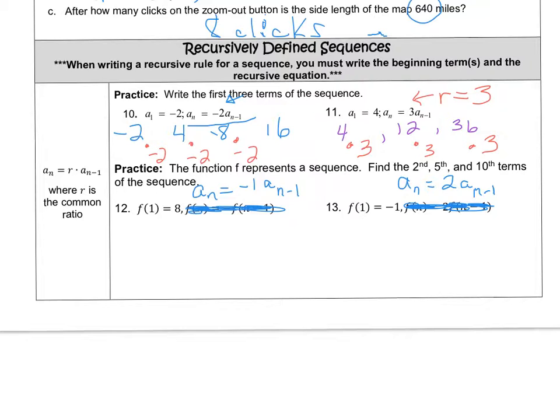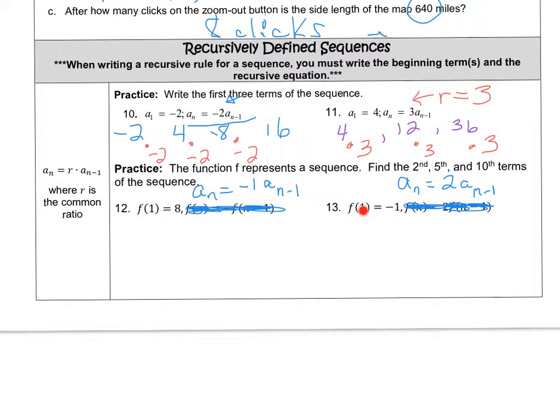Okay, number 12 and 13 are practice for you. Cross out the equations that were put in there and rewrite the two equations that you see on your screen in blue. Those are going to be the recursive rules I want you to use. The only really difficult thing about this, and it's just bringing it back into your brain, f of x, so our x value is 1, our y value is 8, so our first term is 8.